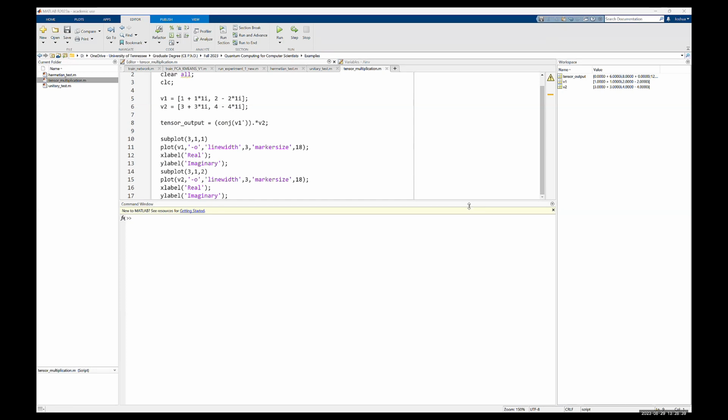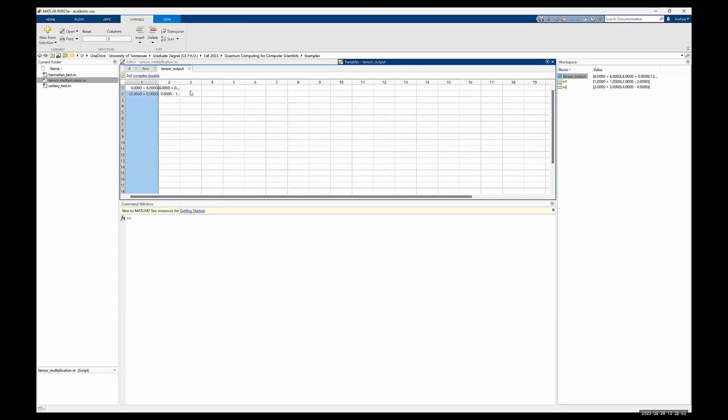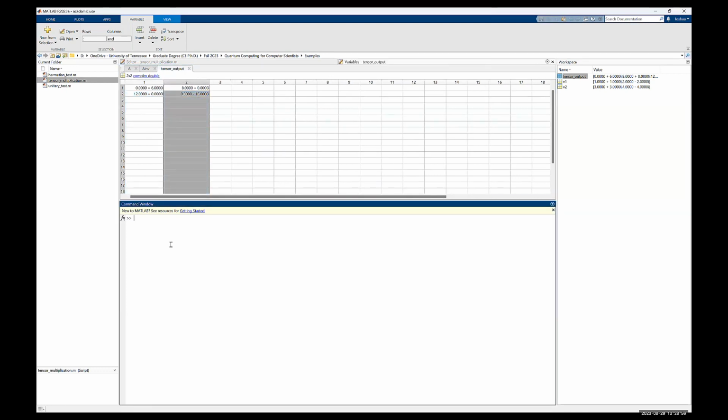Your results seem to be different from what I got using Python code. Did you do the tensor product? I got 0, 6, 8, 12. Oh, that's correct. Sorry, it is the same.